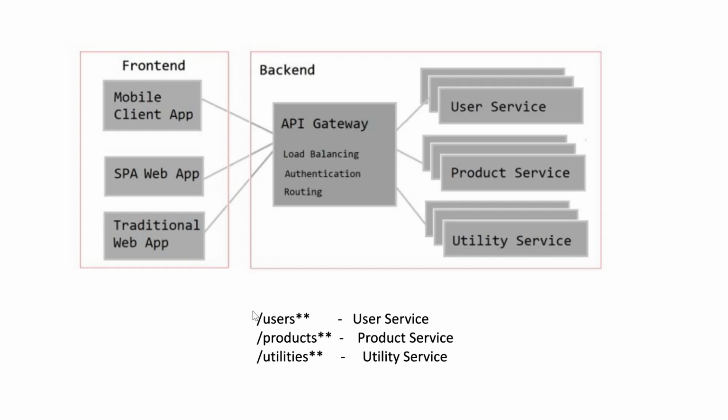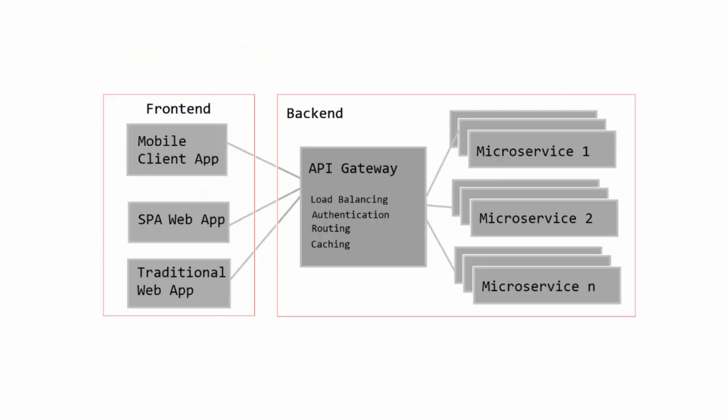Similarly, the request to the products service will be identified based on the products keyword, and the request to the utility service will be rerouted to the utility service. We can also implement caching within this API gateway in order to improve the performance and also to be fault tolerant. So this is what an API gateway is.